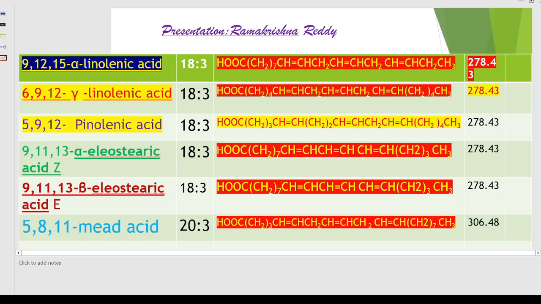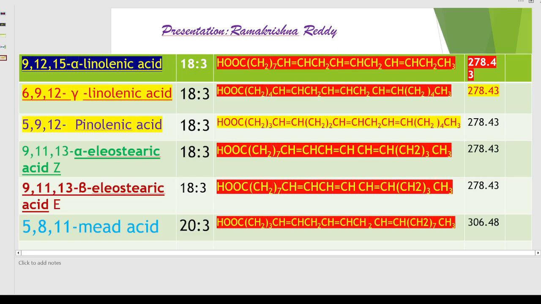It contains three double bonds: one at the ninth carbon, another at the 12th carbon, another at the 15th carbon. It contains 18 carbons. Oleic acid also contains 18 carbons, but it contains only one double bond, that is a monounsaturated fatty acid. Linoleic acid also contains 18 carbons, but only two double bonds, a diunsaturated fatty acid.